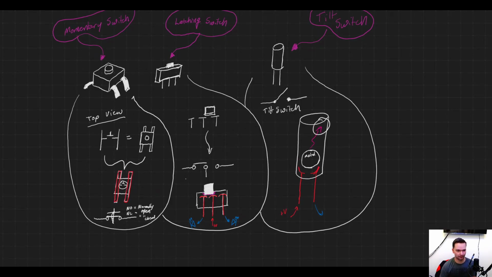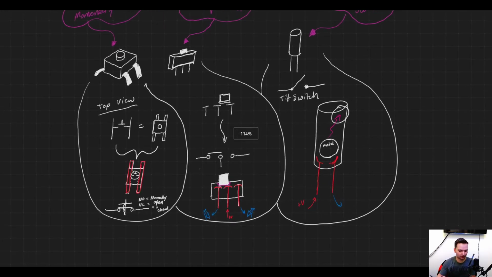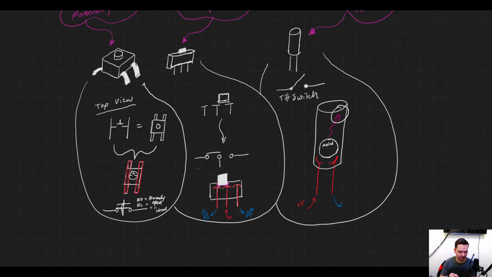There are a lot more complicated things. You can get into poles and throws and the number of switching states that you have on these different things. But really, this is going to give you a very good basic overview of how switches work and some main types. Generally, you're going to see a momentary and a latching switch.